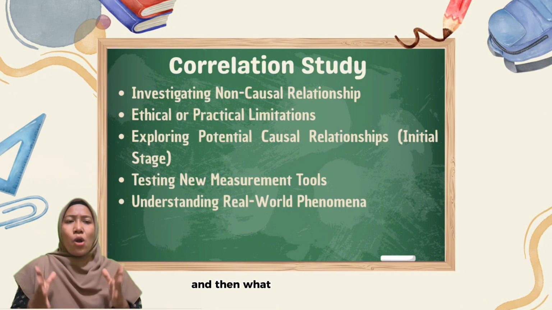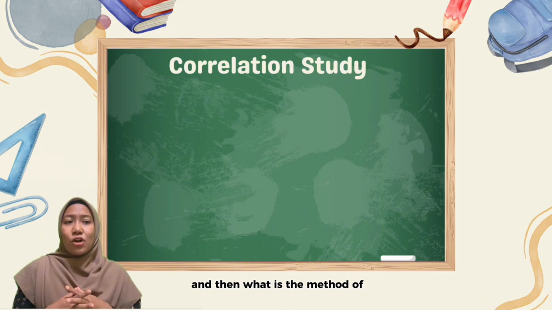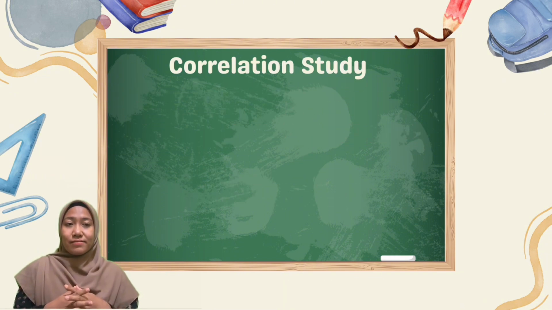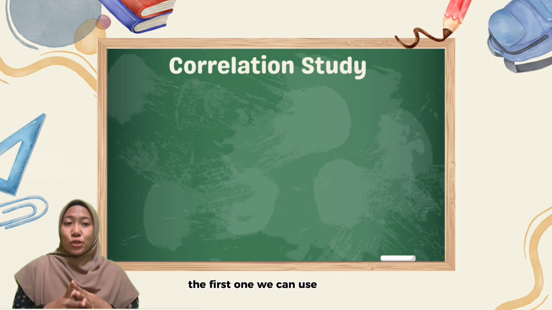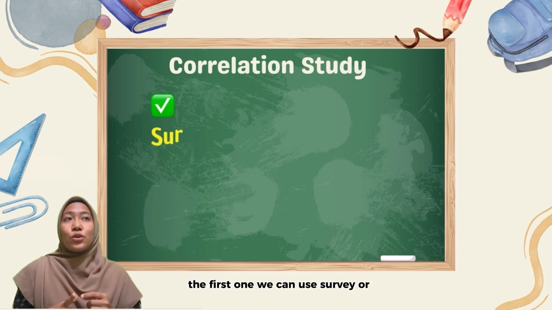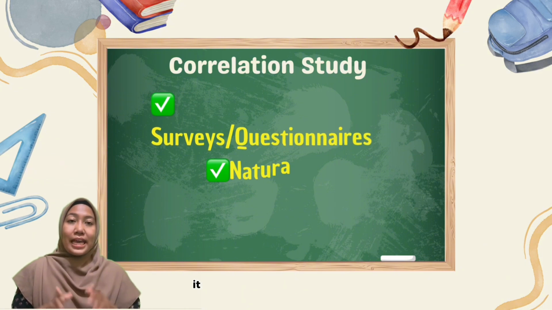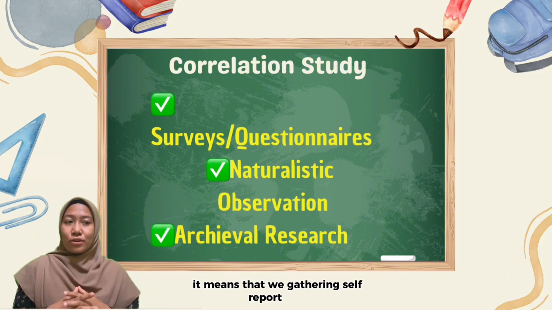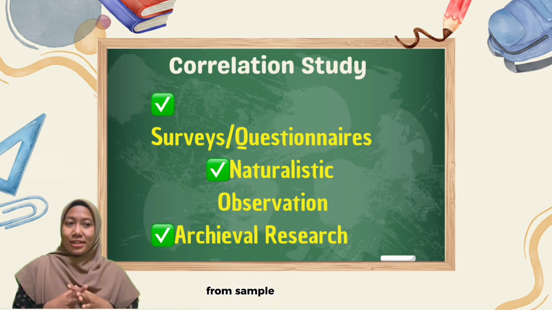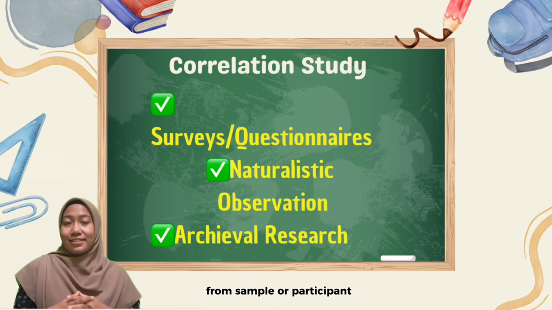And then, what are the methods of data collection? The first one, we can use a survey or questionnaire. It means that we gather self-report data from a sample or participants.